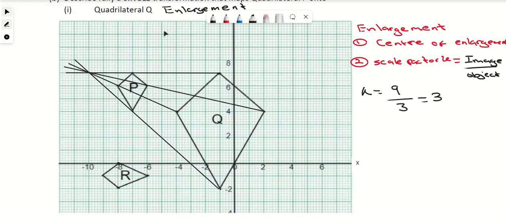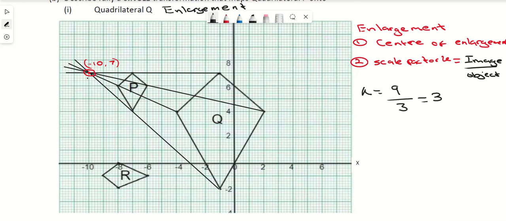Now if we look at this, all of them intersect at this coordinate right here. You don't need to do all of them, I just showed all. If you have at least 2 intersecting, that is the coordinate. This coordinate would be your center of enlargement, which is -10, 7.